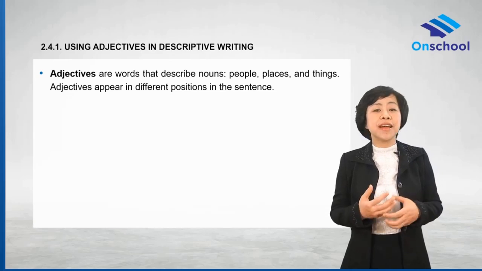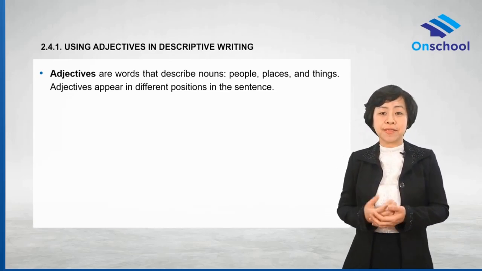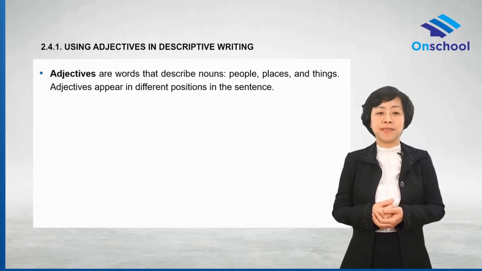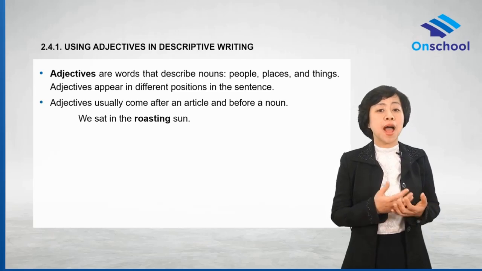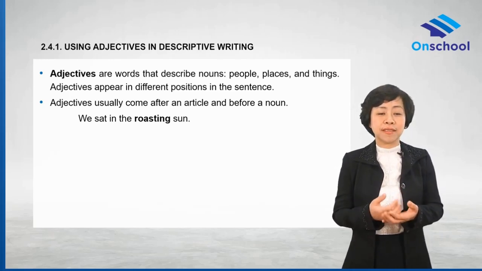Adjectives are words that describe nouns, people, places, and things. Adjectives appear in different positions in the sentence. Adjectives usually come after an article and before a noun, for example, the roasting sun.